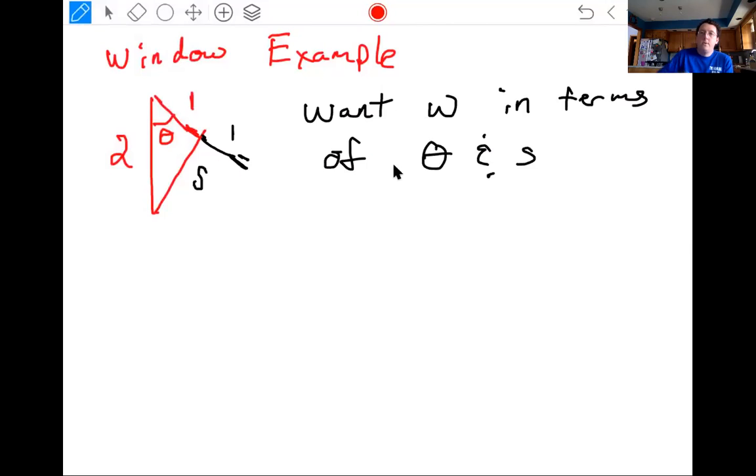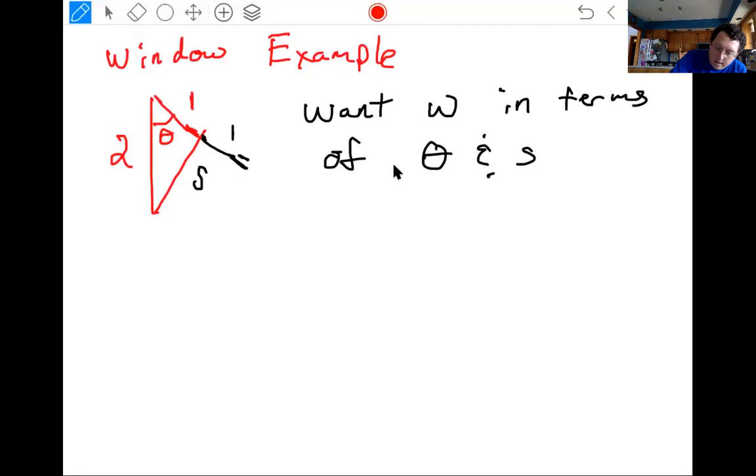So think about that. When the window lowers all the way down, it starts out and then it lowers all the way down to be vertical, the angle is 0, and S would be attached halfway up the window, so it only has a length of 1.